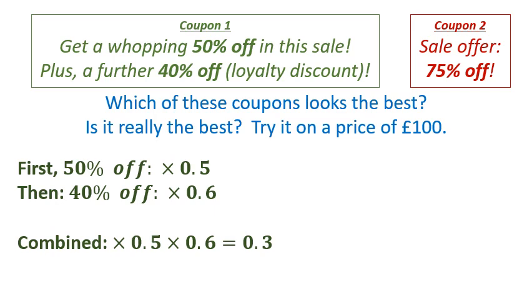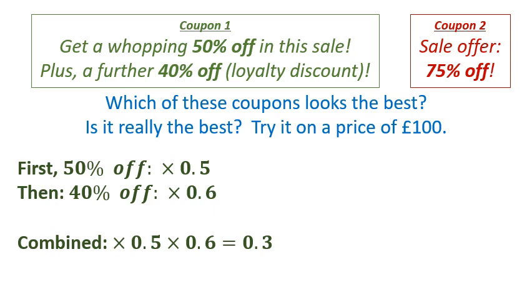£100, knock off 50%, you're down to £50. If you knock off 40% of 50, well, now you've just lost £20, or you've saved £20, I suppose, so you end up with 30. The 40% off doesn't have such a big effect when it's having its effect on a smaller amount.